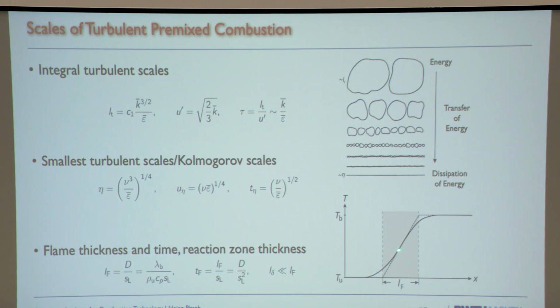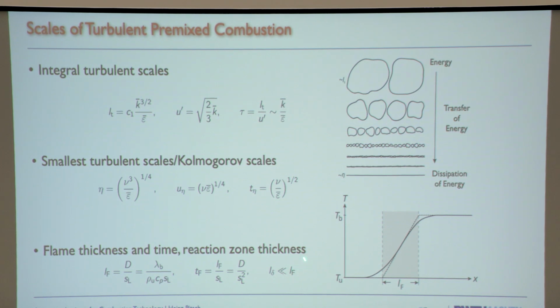Then we said the flame thickness actually is the preheat region and the reaction zone. And remember yesterday we said in the preheat region it's chemically inert, there are no reactions. All the reactions happen in the reaction zone, and so the reaction zone is much thinner than the preheat region. So here we also want to define a reaction zone thickness.